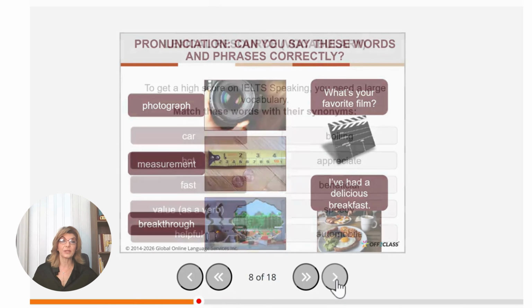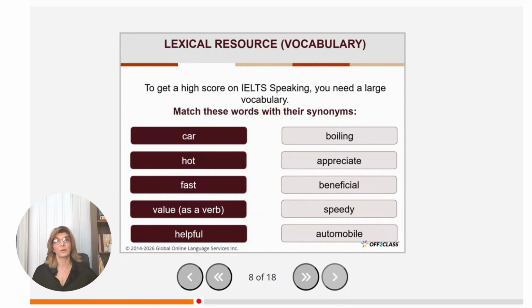Then we get to the lexical resource. And when we're talking about anything lexical, we're talking about vocabulary. So to get a high score on the IELTS speaking, you need a large vocabulary. For example, when the examiner asks you a question, you don't want to be answering with the same words that were in the question. Okay, so synonyms are very important.